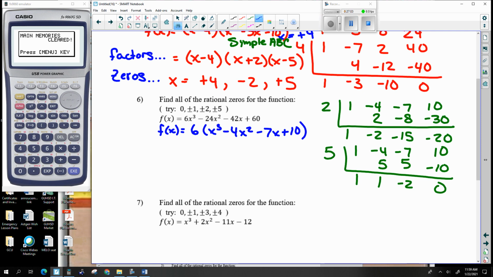Okay, because 5 worked, that means x minus 5 is a factor. The answer is x squared plus 1x minus 2 is a factor, and then that 6 that I originally took out.